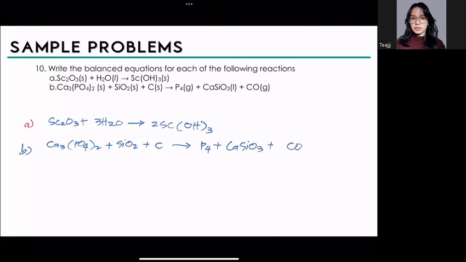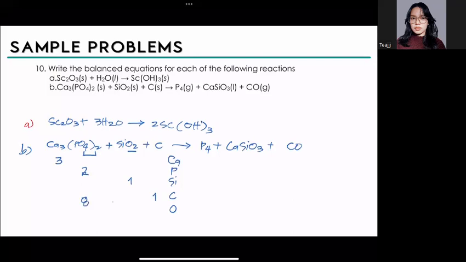So let's do our tally. Calcium, phosphorus, silicon, carbon, oxygen. On the left side, you have 3 calcium, 2 phosphorus, isang silicon, isang carbon, and then 2 times 4, that's 8 plus 2.